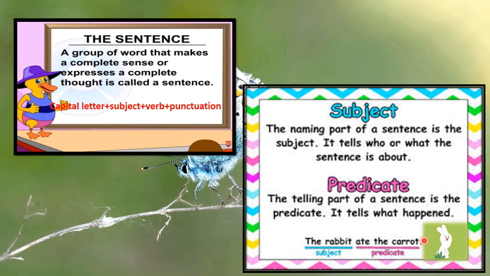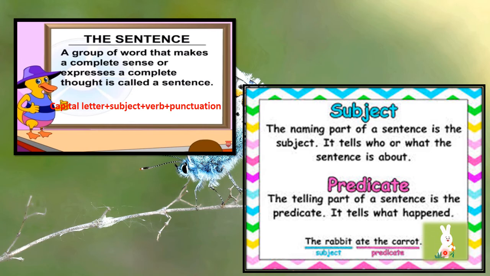When we ask who, the answer is the cat or the dog. What does the dog or the cat do? Slept on the mat. So slept on the mat is the doing part, that is the predicate. And the naming part, who or what, is the subject.